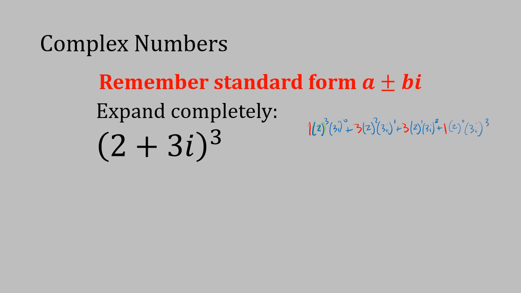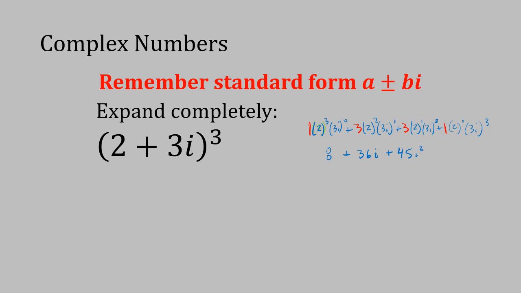And so this is going to be 8. This is going to be 2 times 2 is 4, times 3 is 12, times 3 is 36. So it's going to be 36i, and the i is just to the first power, so we're fine. Plus, this is 3 times 2 times 9, which is 54, and then i squared, because we have 3i quantity squared.